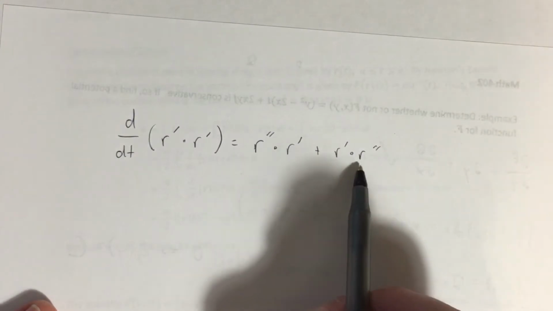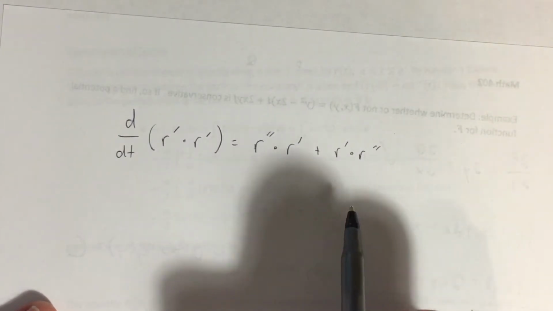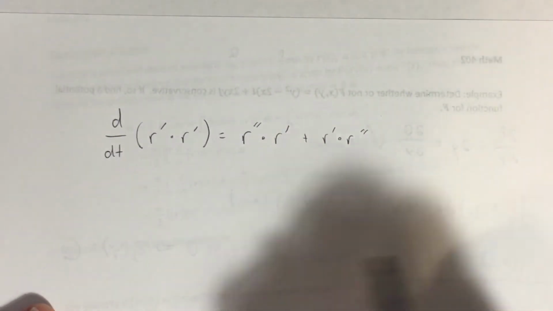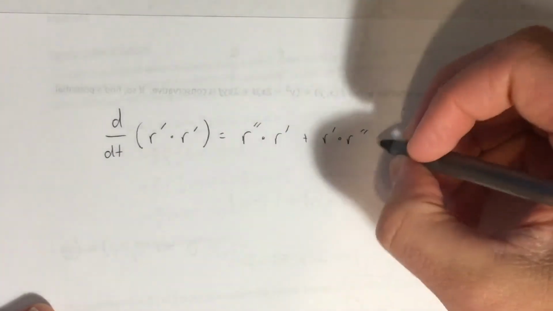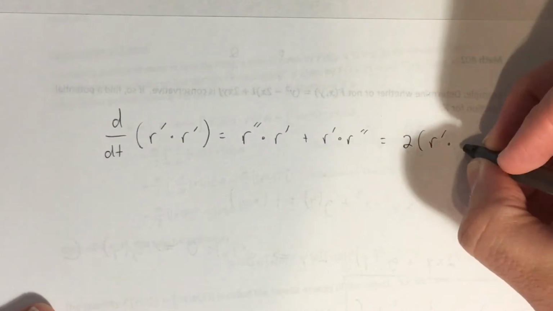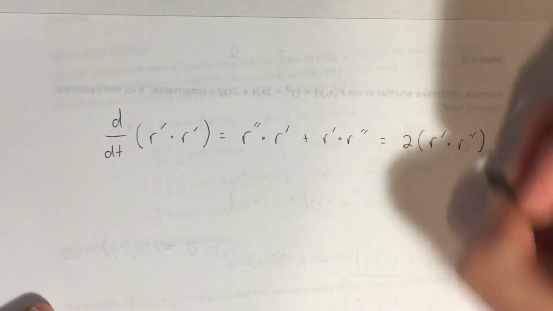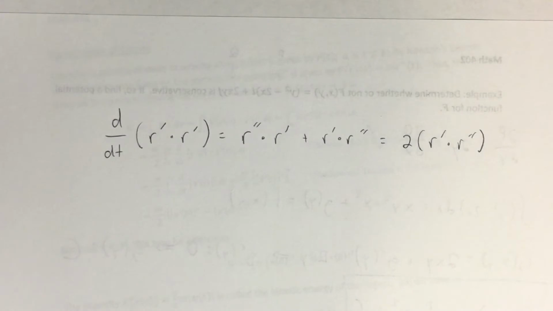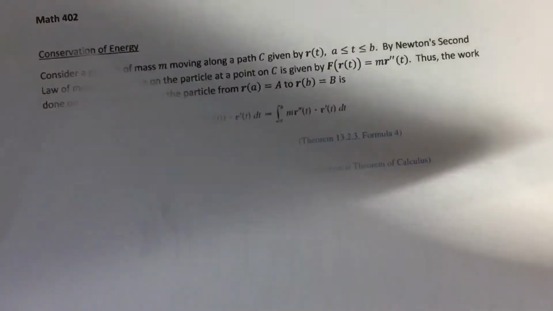But we know that the dot product is commutative, so I can switch the order of either one of these, showing that they're common terms, and write this as 2 times r prime dot r double prime, if I wanted. Okay, so you notice it's 2 times this quantity.